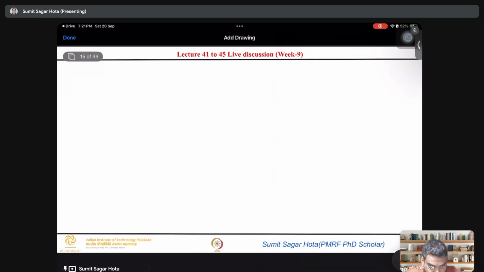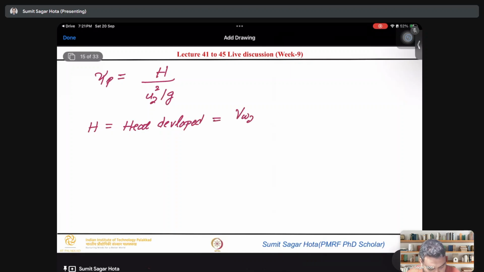Now what is psi p? The pressure coefficient psi p is equal to H by U2 square by g. And what is H? H is the head developed, equal to (Vw2 U2 minus Vw1 U1) divided by g.